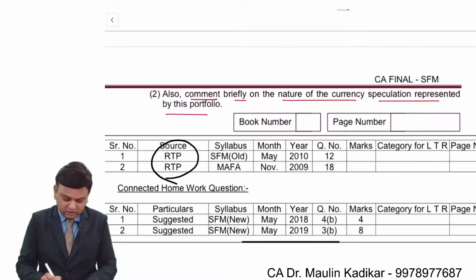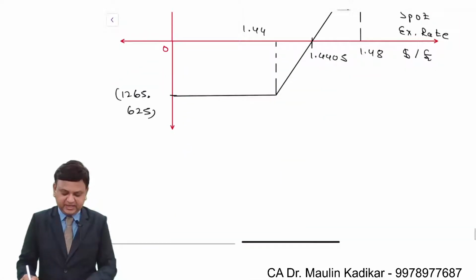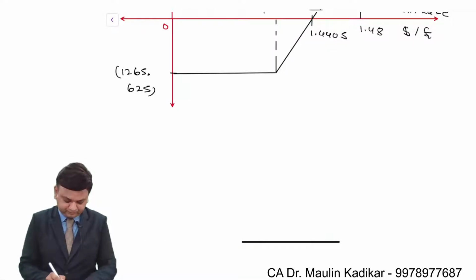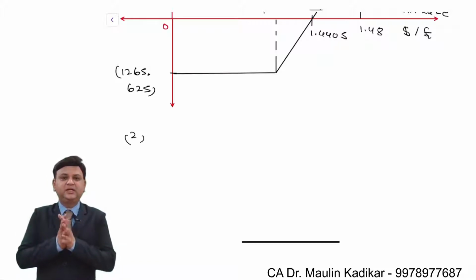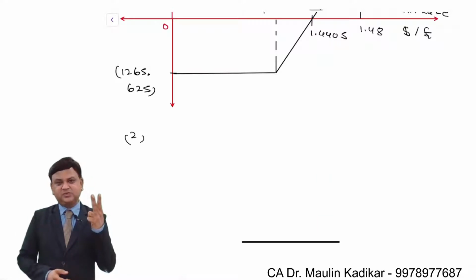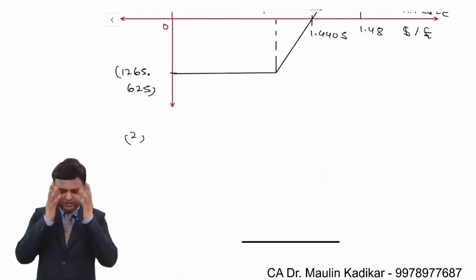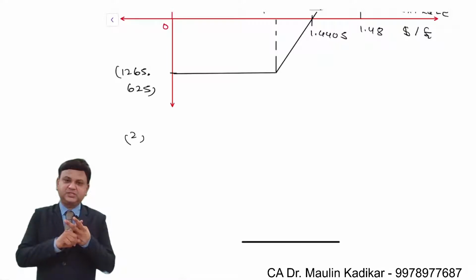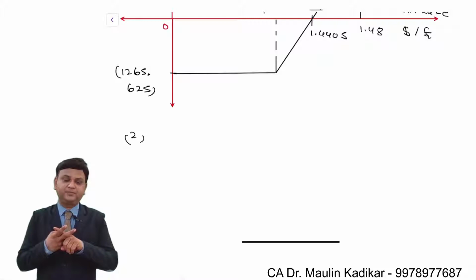Second part of the question: also comment briefly on the nature of the currency speculation by the portfolio. So over here, the second part of the question we can answer something like this. Listen carefully to what I am going to say. Basically, you have purchased 2 options, call and put, and you have sold 2 options, again call and put.